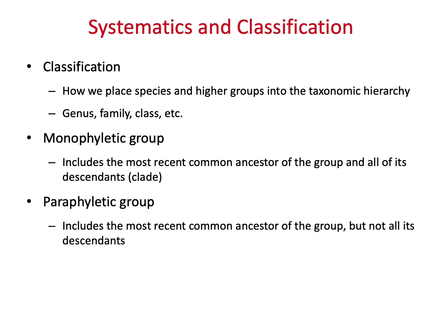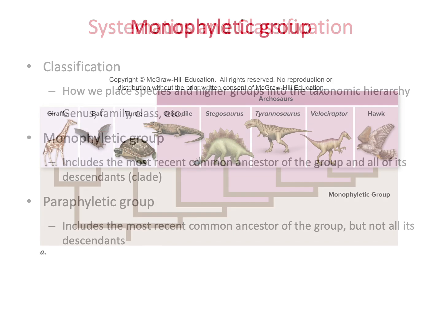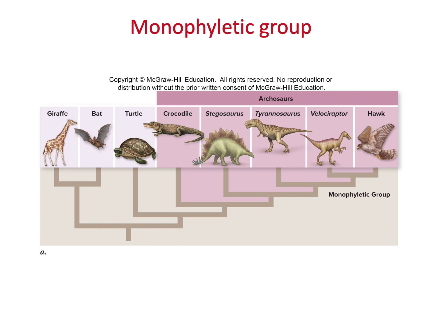So we also have a paraphyletic group. A paraphyletic group includes the most recent common ancestor but not all of its descendants. Here is a monophyletic group. As you can see in this phylogenetic tree, the monophyletic group includes the most recent common ancestor and all of its descendants.